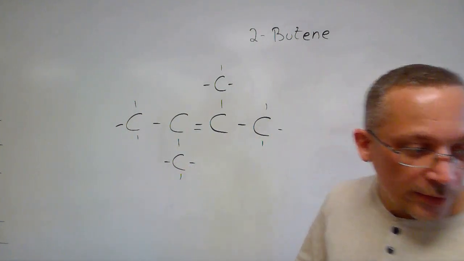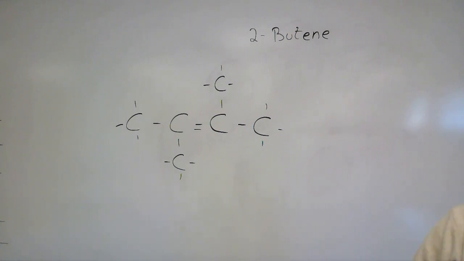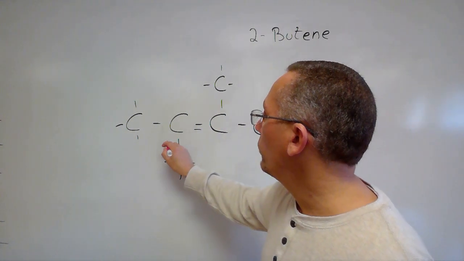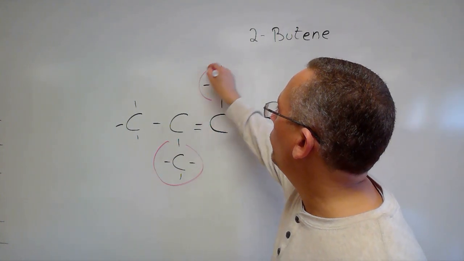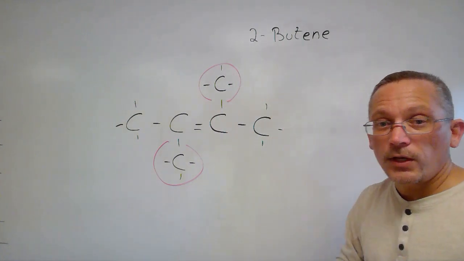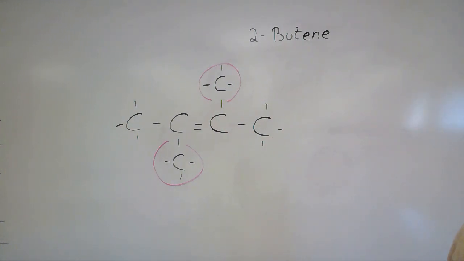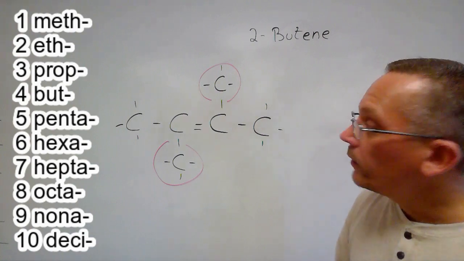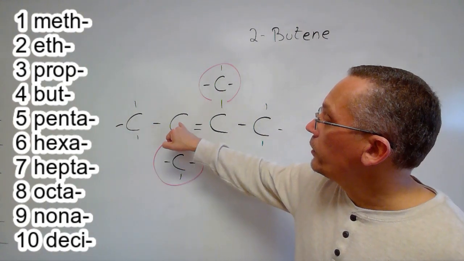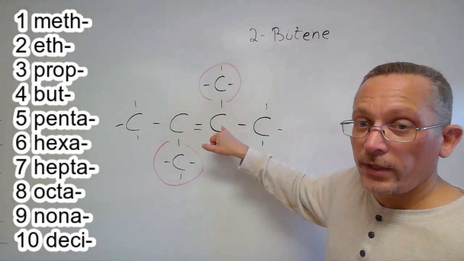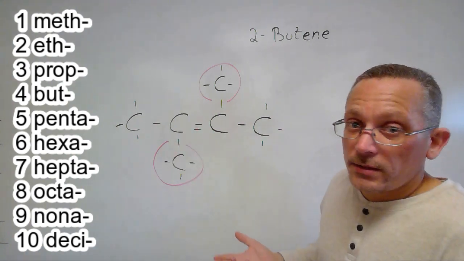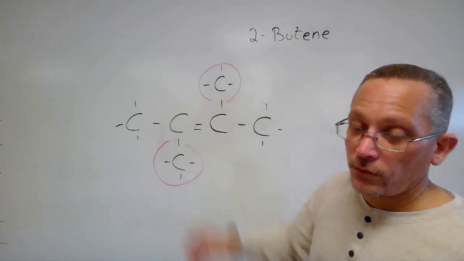Now let's name our branches. We have 2 branches here. One right here. One right here. And they both contain 1 carbon. So they are both methyl branches. Well, this one comes off of carbon number 2, and this one comes off of carbon number 3. If I choose to number it the other way, I get the same numbers, carbon 2 and carbon 3.